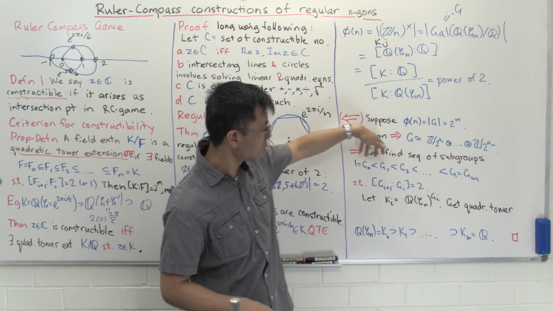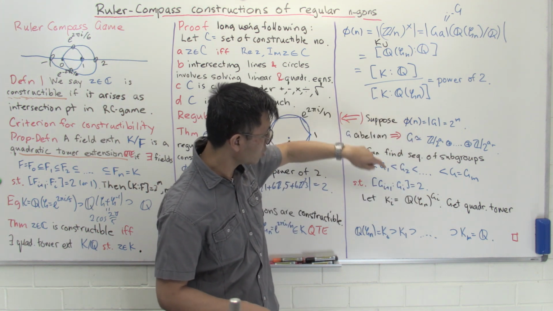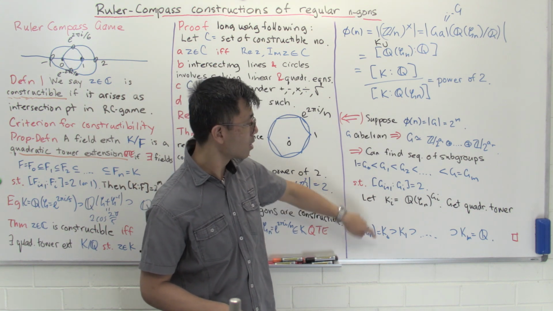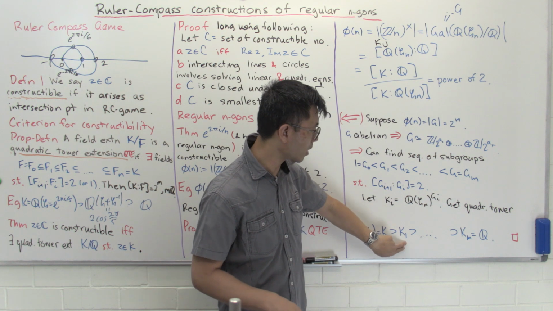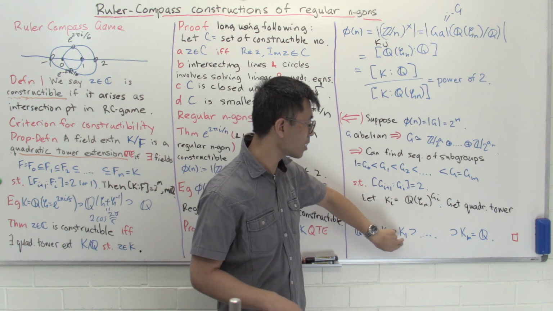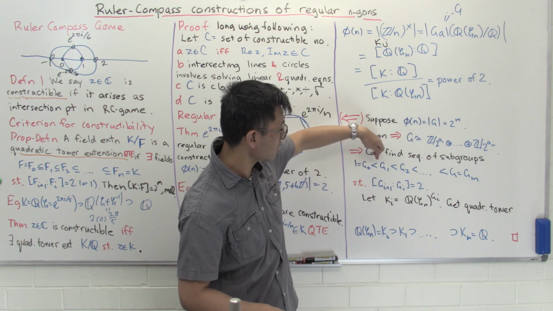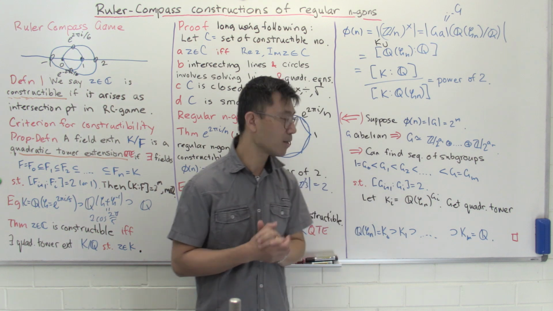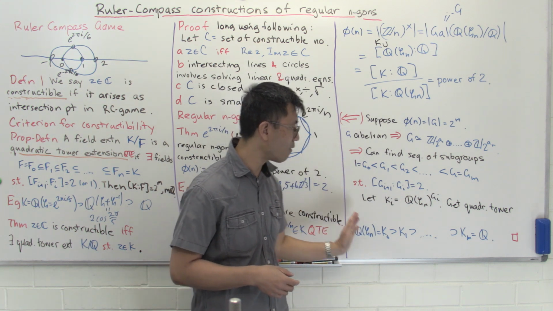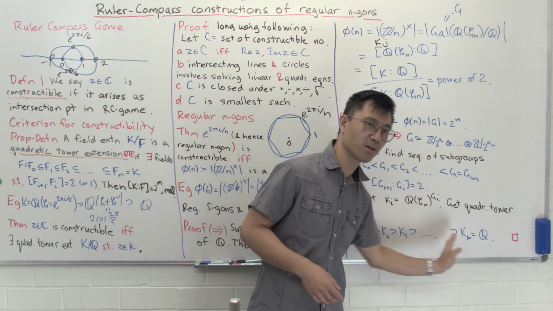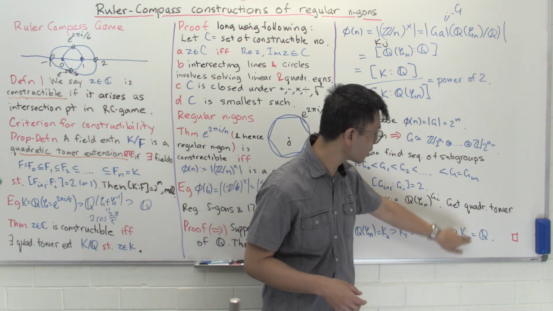And this reverses inclusion. So G0 goes to K0: what's fixed by 1, of course, is everything, so that's the whole field. What's fixed by G1 is going to be some K1, and this is going to have degree 2 over that, because that's the index of this group inside here. And so forth. So you get a chain of fields, reversing all those inclusions, going all the way down to Km.